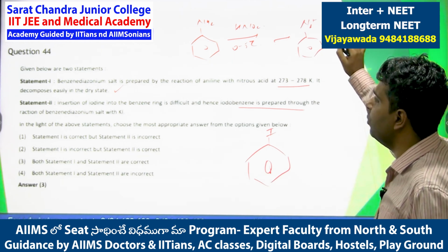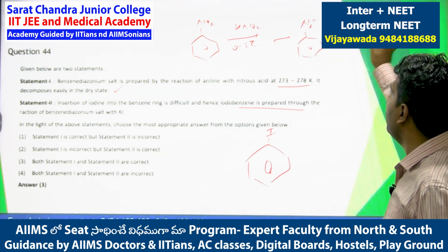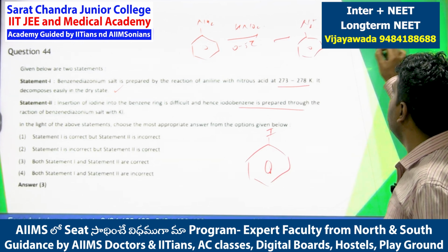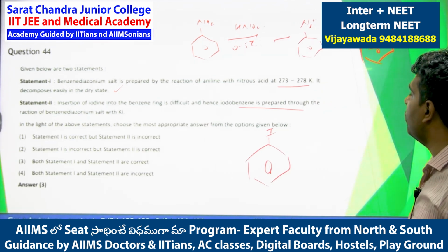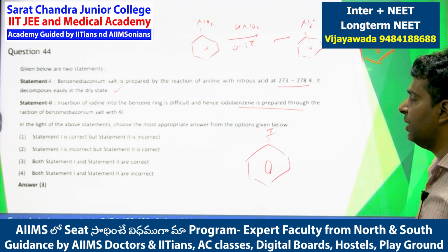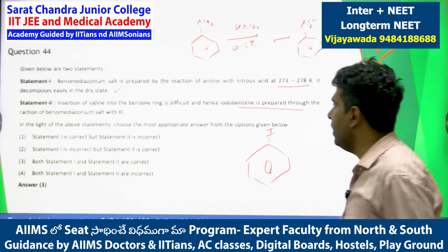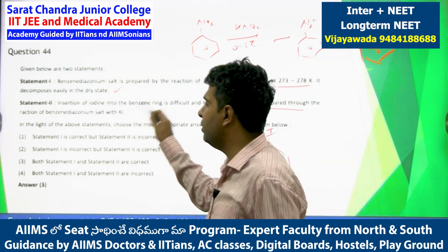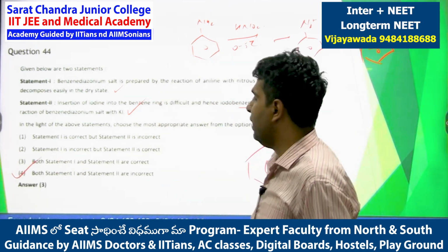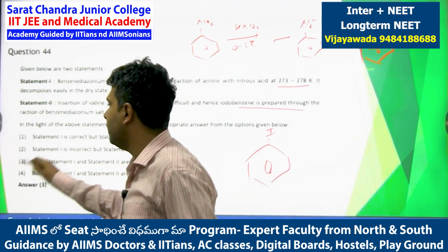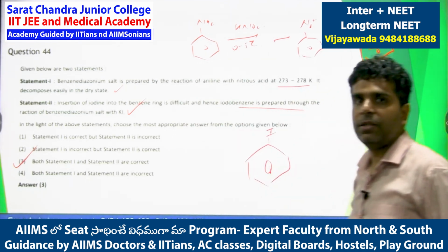Insertion of iodine by substitution mechanism is difficult, so you cannot prepare iodobenzene easily. But from benzene diazonium salt, you can easily prepare iodobenzene. Benzene diazonium salt is highly reactive, and on reaction with KI that will give iodobenzene. So this method is used, and that statement is also correct. Both statements 1 and 2 are correct, so the third option is the answer.